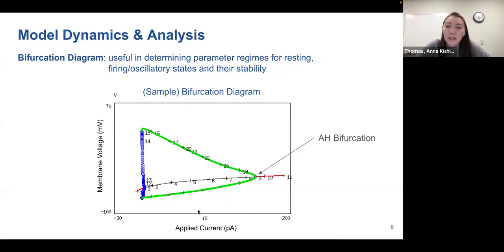We can see that here, a current of maybe 150 picoamperes, after that will shut off the neuron. So we can already know that we want a little bit more for our model, that we want these green branches to extend a little bit larger, since we said maybe 250 picoamperes should still see some oscillatory responses. If this sounds interesting to you, definitely look into ODE 2 here at Pitt, the course.